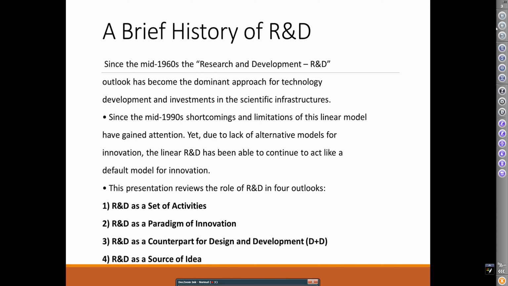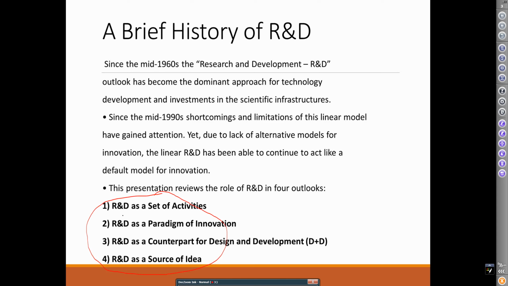Actually, of course, many years ago, more than 100 years ago, different companies in different industries in different developed countries started doing their first R&D. But nowadays we can identify 4 major types of the R&D. So 4 outlooks.